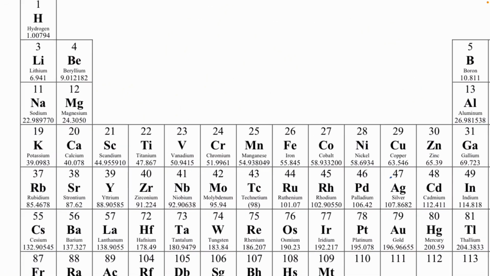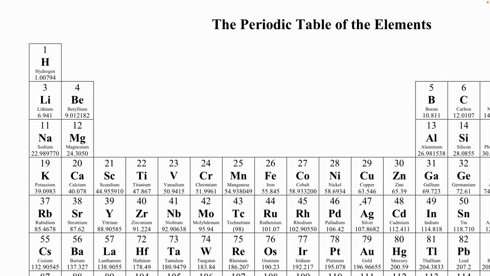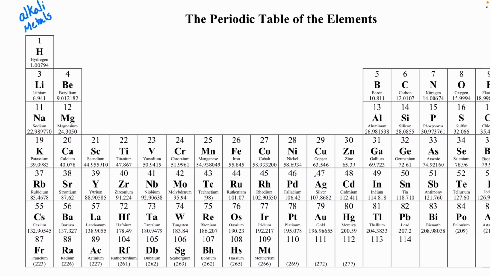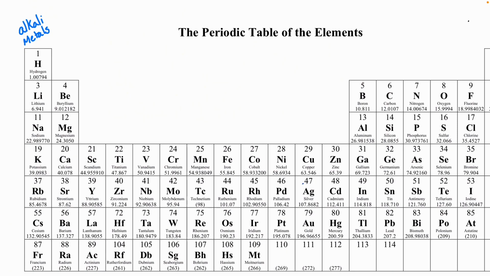Okay? So we have special names for these columns then. All right? This first column here, we call the alkali metals. And again, everybody in that alkali metal category behaves very similar. Okay.